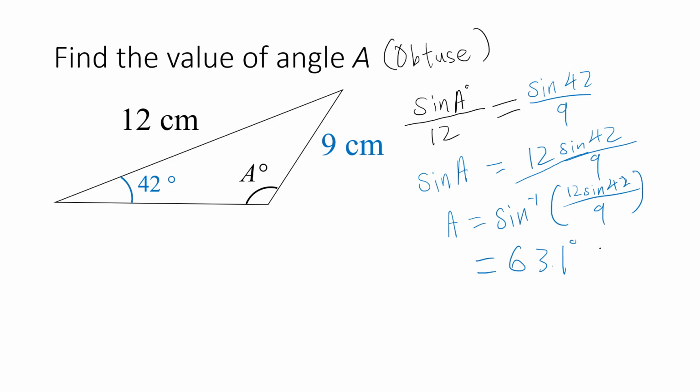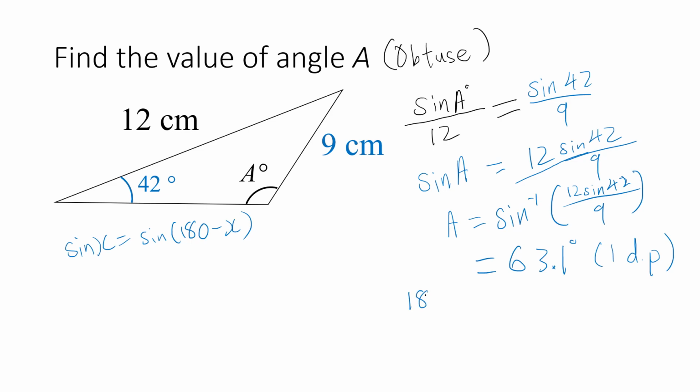But this is not your final answer, because you can see that this is an obtuse angle and 63.1 is not an obtuse angle. But in the previous lesson, we learned that sine x is equal to sine of 180 minus x. So in this case, to find the obtuse angle A, what we need to do is this.